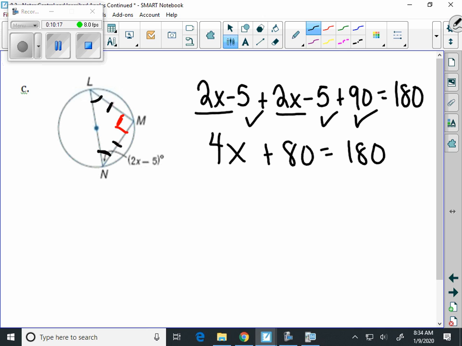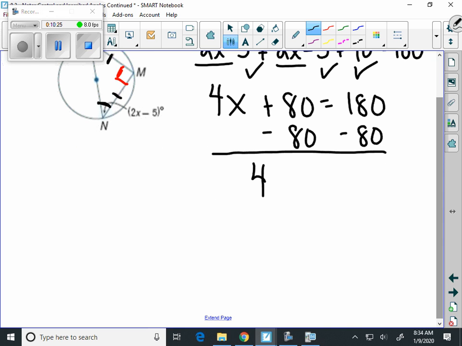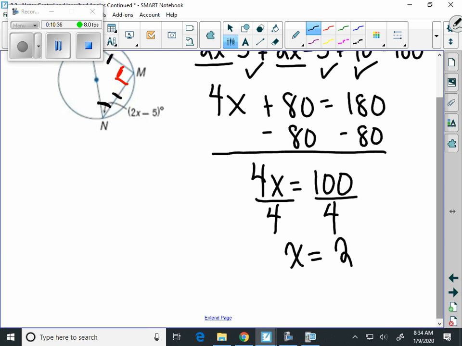I'm going to solve. We're going to subtract 80 from both sides. And we end up with 4x equals 100. And divide both sides by 4. And we end up with x equals 25.